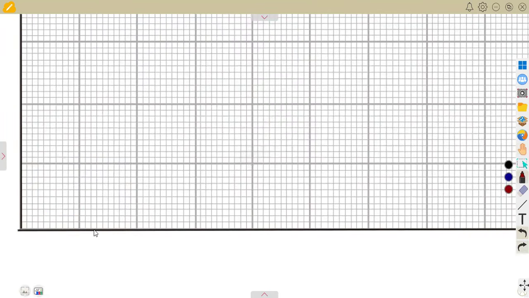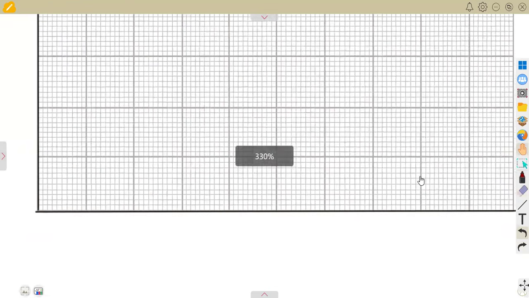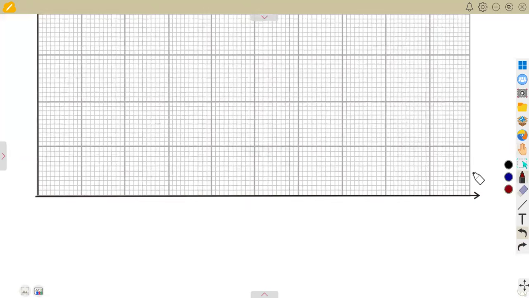So considering 10 boxes, you can say 0.1, 0.2, 0.3, 0.4, 0.5, 0.6, 0.7, 0.8, 0.9. Then that's a 1. So using a scale of 2 centimeters to 1 is best, those 10 boxes to represent 1.